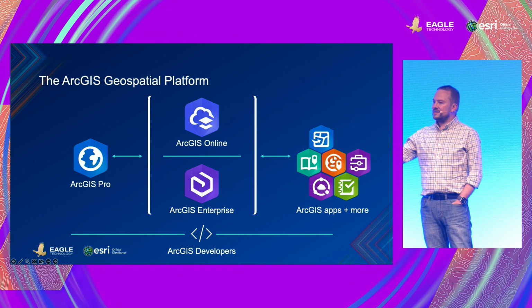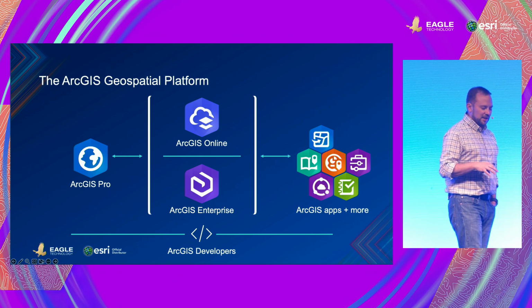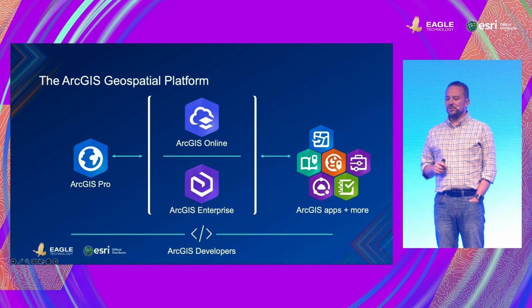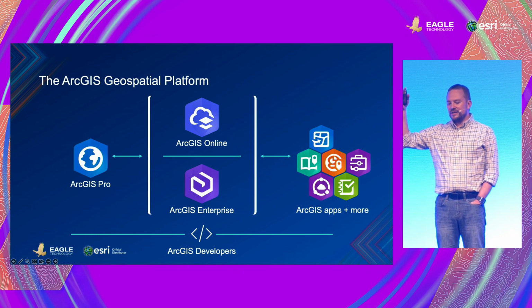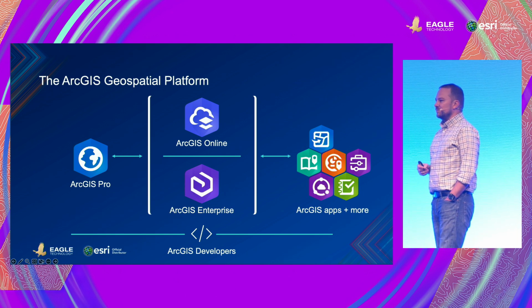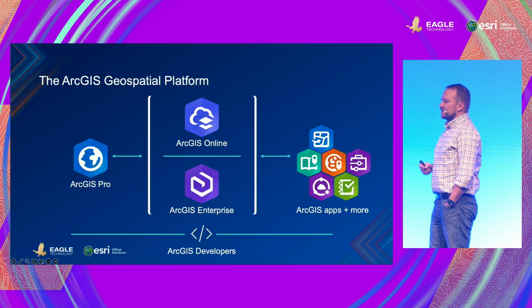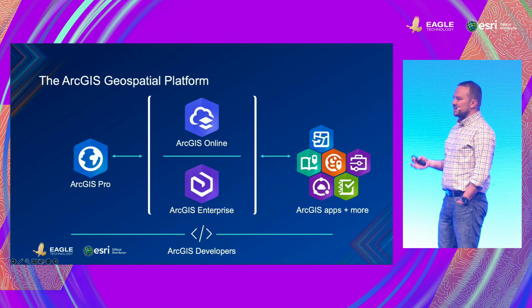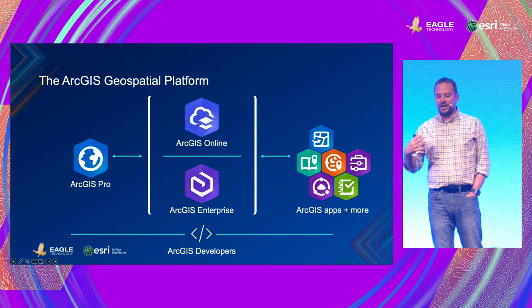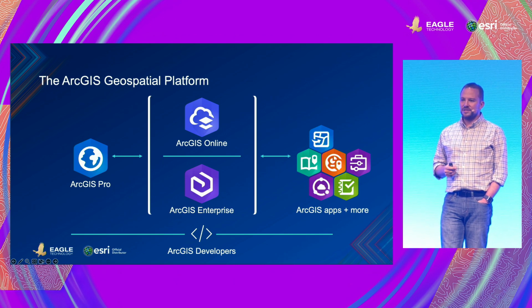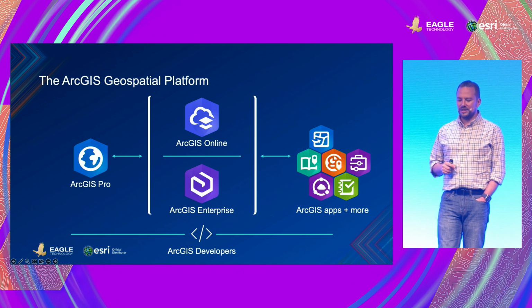Now, when we look at today's ArcGIS geospatial platform, this is a stylistic, simplified view of it. You'll notice that ArcGIS Online and ArcGIS Enterprise sit very much there in the middle of everything. All of those great applications that you've seen on stage both today and yesterday run on top of or as part of ArcGIS Online and ArcGIS Enterprise. The web applications are quite literally built into Online and Enterprise.